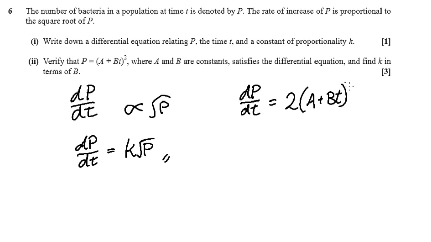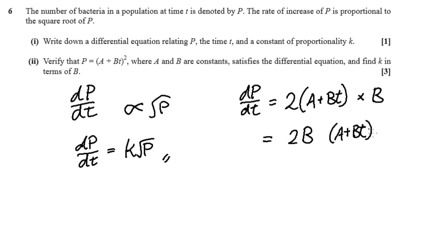Power goes down by 1, 2 minus 1 is 1, so I just leave it. Then you need to multiply by du by dt, which is just a straight b. So you get 2b times a plus bt.